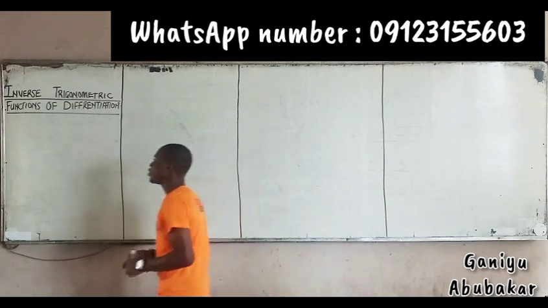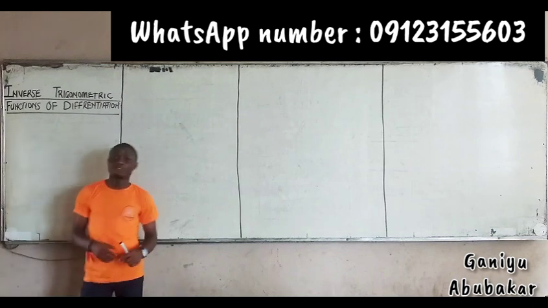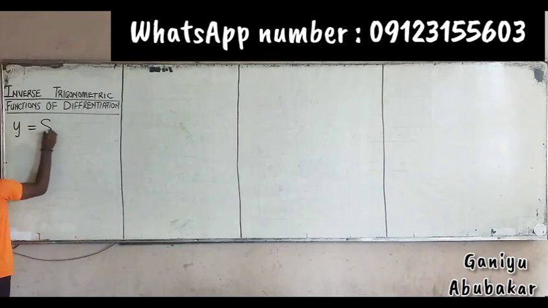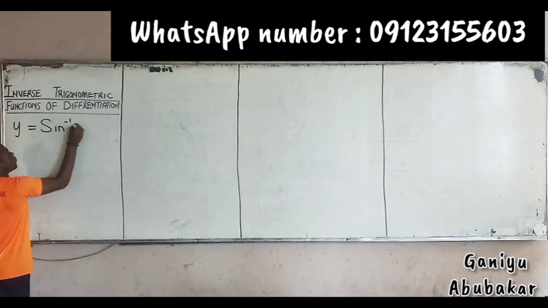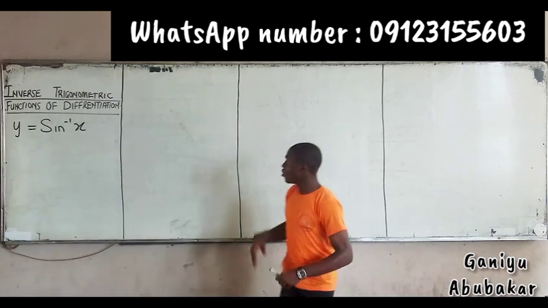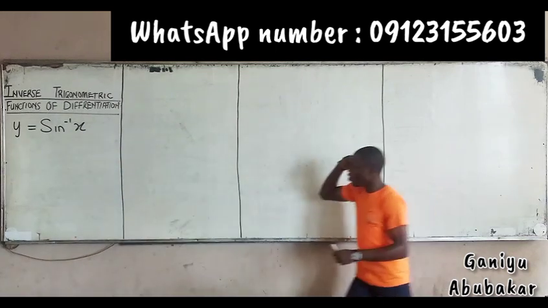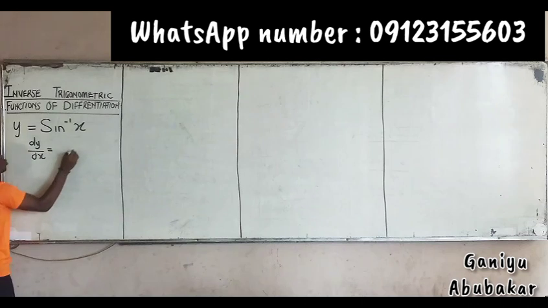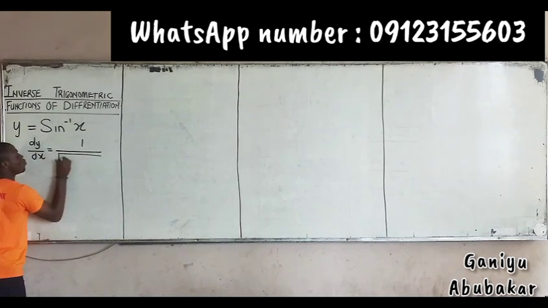Given that y is equal to sine inverse of x, dy over dx is equal to 1 over root 1 minus x squared.